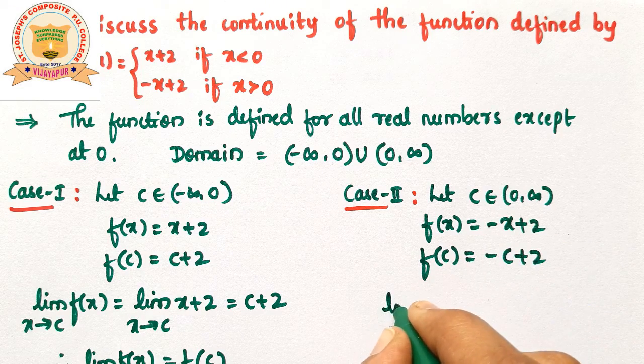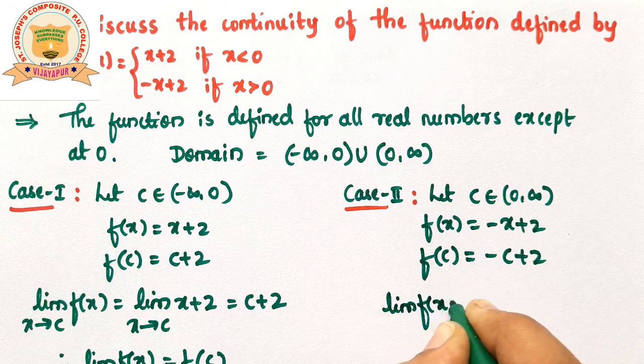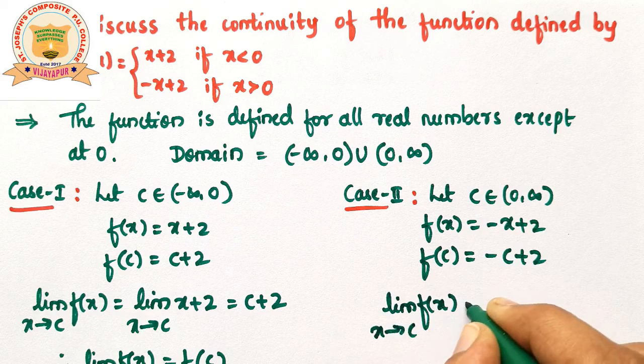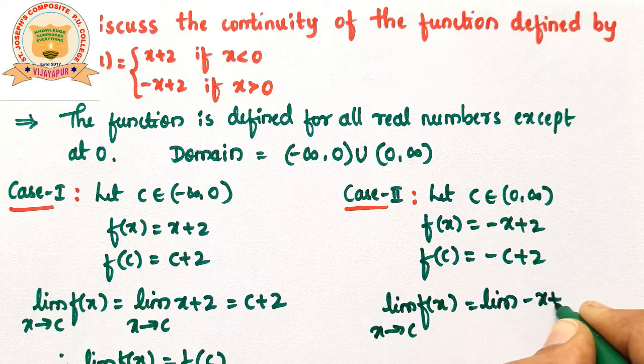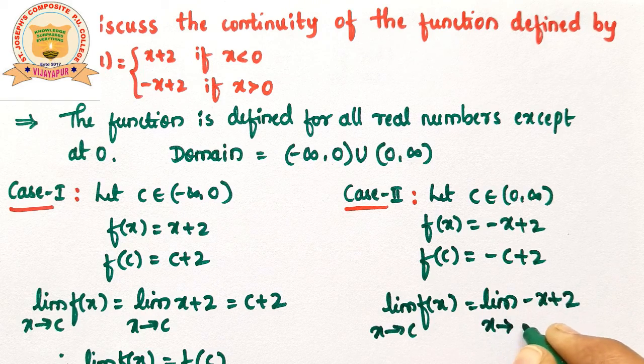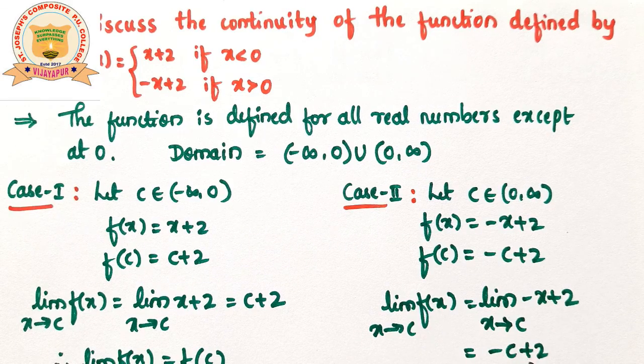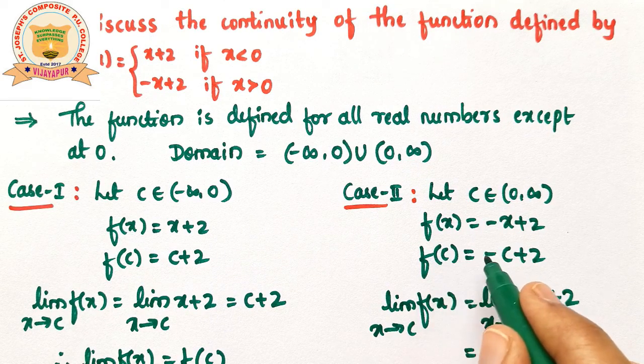If you find the limit of f of x as x tends to c, where the value of f of x is minus x plus 2, you will get minus c plus 2. The limit of f of x as x tends to c is equal to minus c plus 2, and f of c is also minus c plus 2.